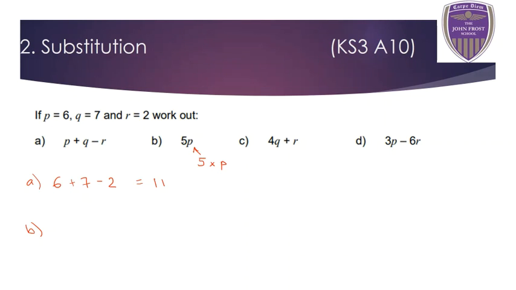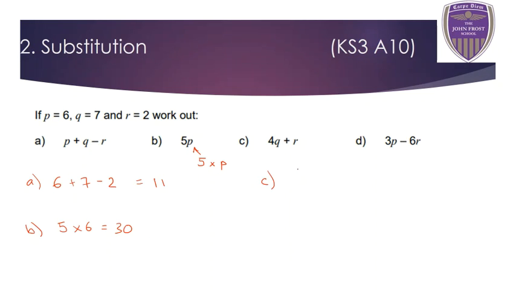So the answer is not 56 just by replacing that with a 6. If it's 5 times p and p is 6, then it's actually 5 times 6. So the answer would be 30. You've got to remember that when there are 2 things next to each other like that with no symbol in between, it means multiply. So 5p means 5 multiplied by p. That's how you would do that one.